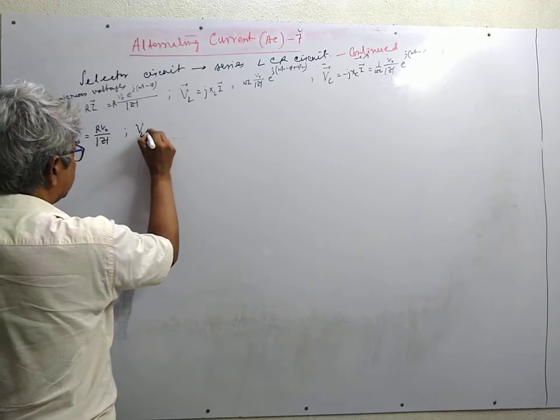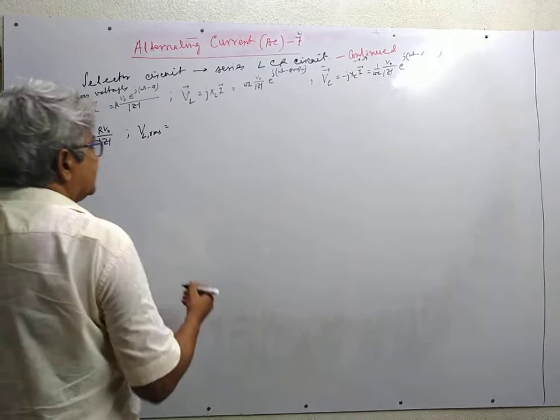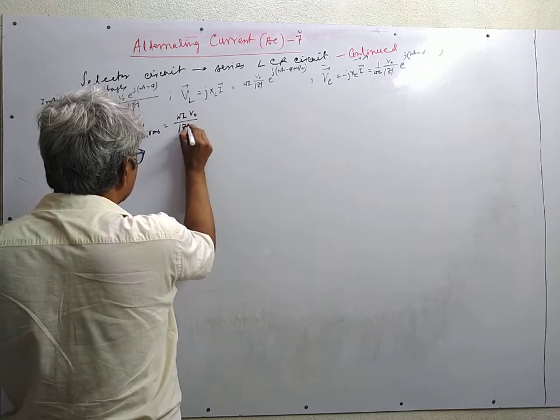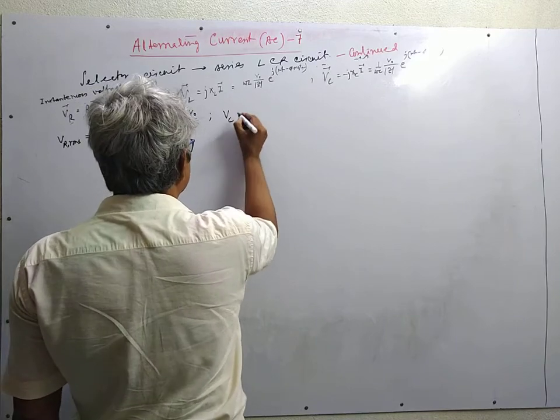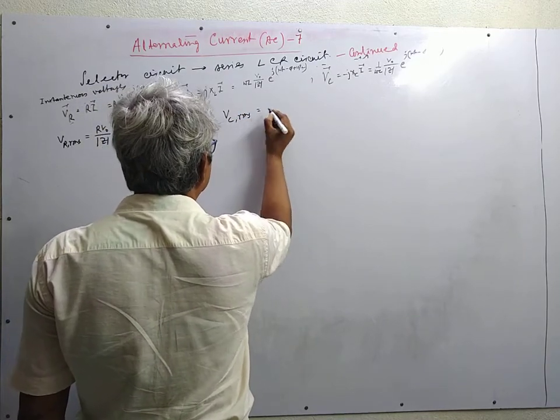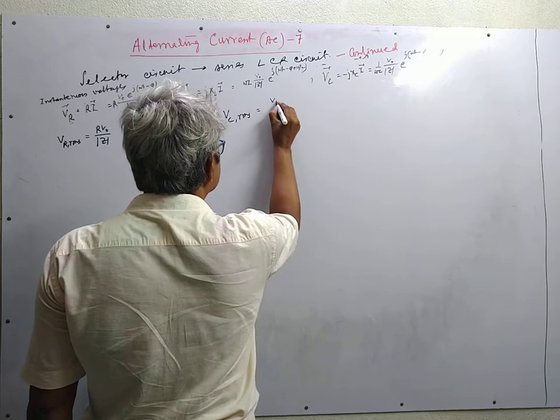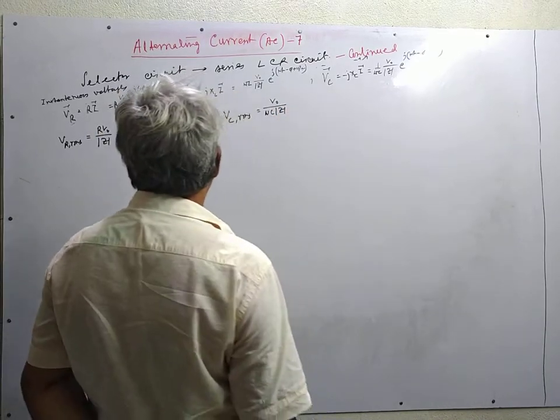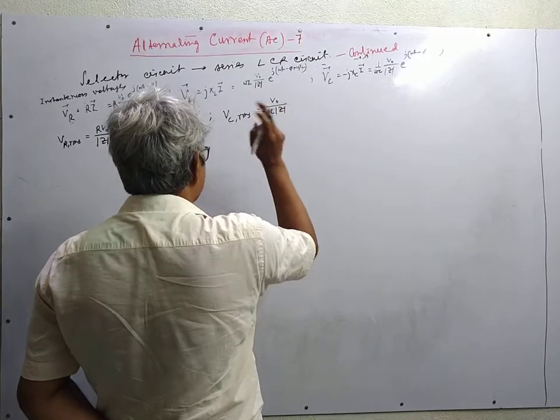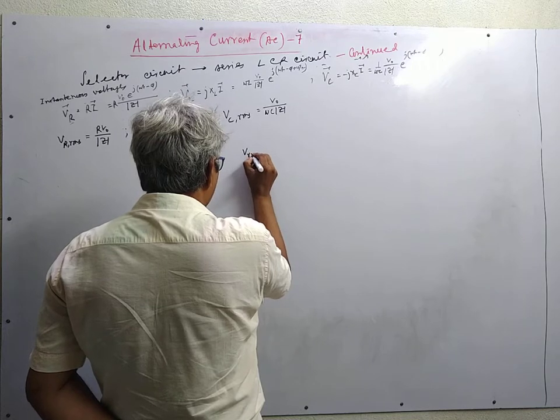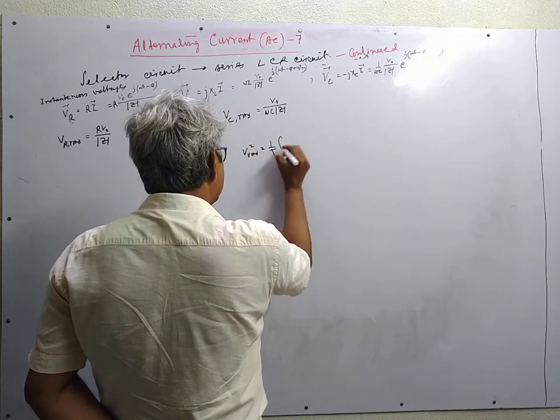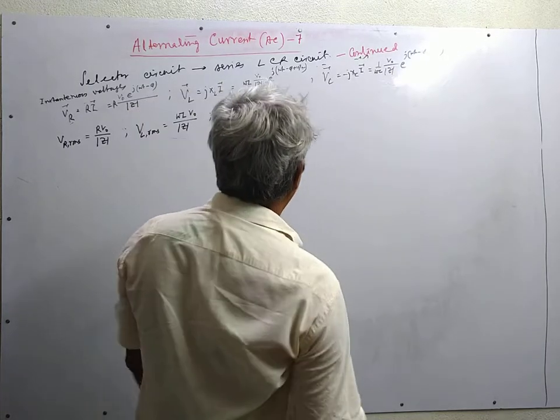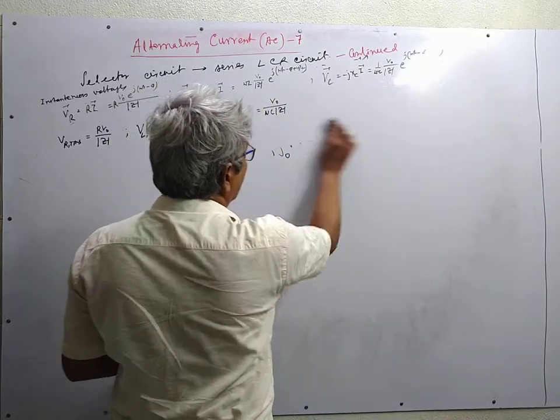Similarly, VL RMS is equal to omega L V0 by mod Z, and VC RMS is equal to V0 by omega C mod Z. Actually, we get the RMS values as first V RMS square is equal to 1 upon T integral of V star V dt from 0 to T. So the phase part goes, and we get this result.